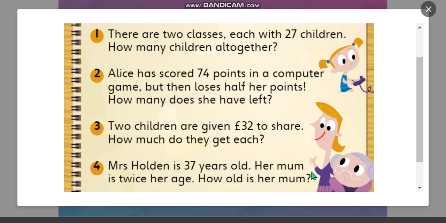Your teacher will pause this video and you'll have 2 minutes to answer whether number 1 is doubling or halving. Number 2, doubling or halving. Number 3, are you going to double or halve? Number 4, are you going to double or halve?